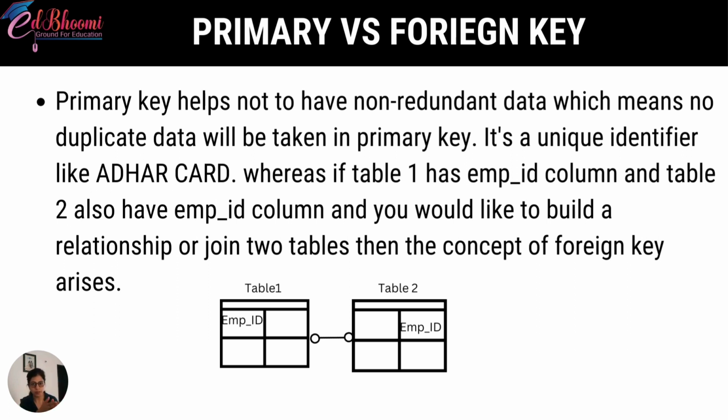That is what RDBMS is. So the employee ID column in table 2, which is also in table 1, acts as a foreign key. These are also known as the parent and child keys. The primary key is the parent key, and the foreign key is the child key. Hope the concept of primary and foreign key is clear.